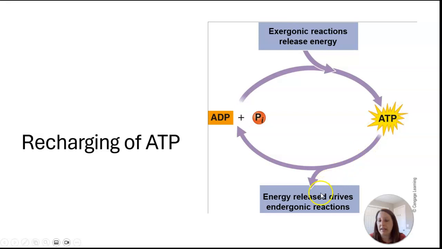And then any processes that require work, so any endergonic reactions that require energy, so anabolic reactions or active transport, what's going to happen is that ATP, the last phosphate group, is going to come off and actually be given to whatever it's driving.